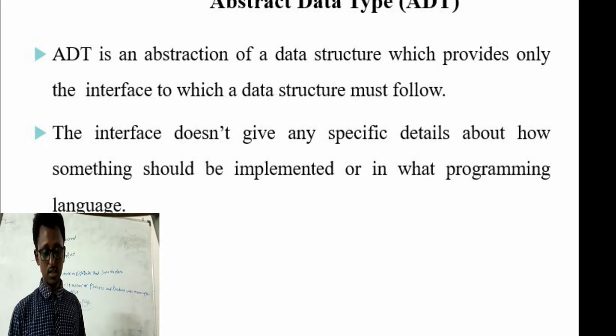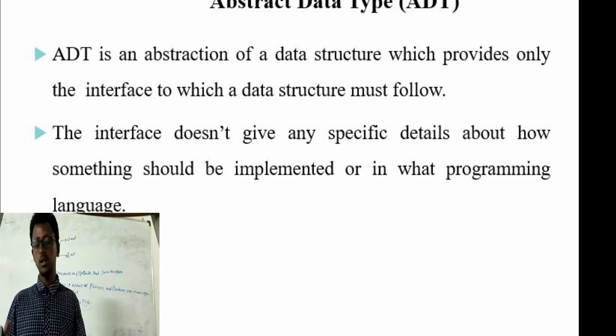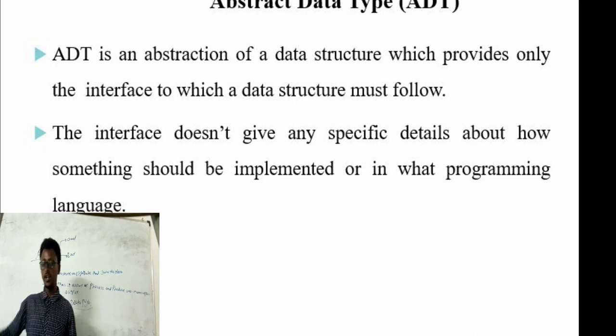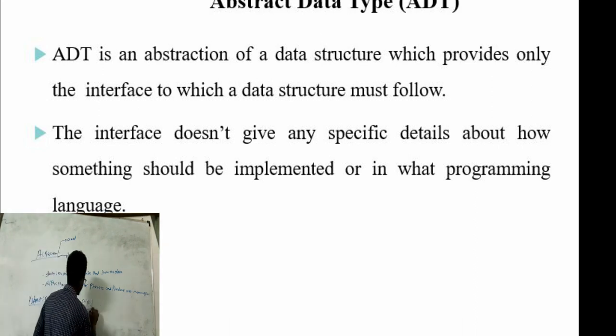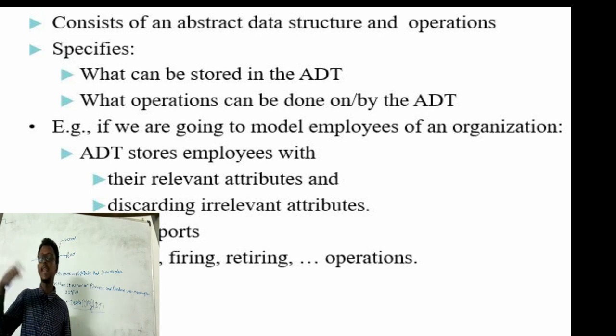Then the next one is a real world example that shows the abstract data type. For example, if you are going to model the employees of an organization, the entity or abstract data type stores employees with their relevant attributes, discarding the irrelevant ones.